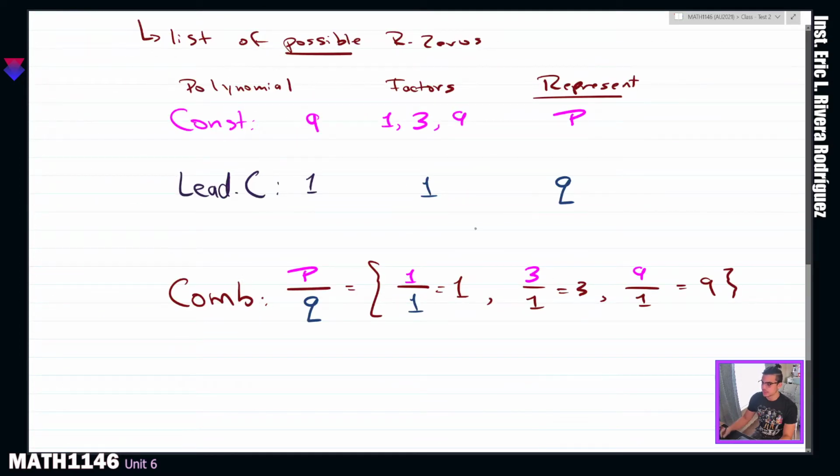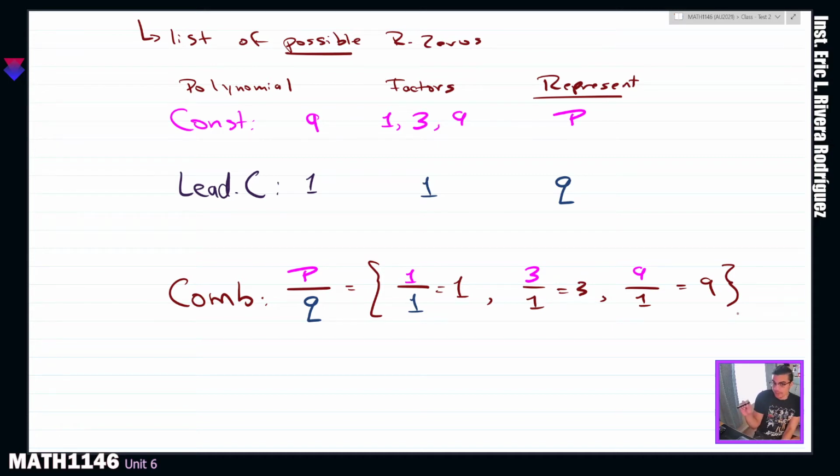Any questions so far? Okay. Critical thing that you need to know here. This is the list of possible rational zeros, but you need to remember that we have different types of zeros. We could have rational zeros, we could have irrational zeros, and we could have complex zeros or imaginary zeros.